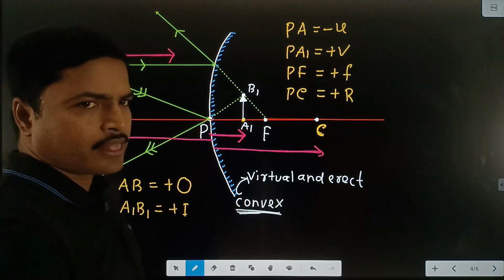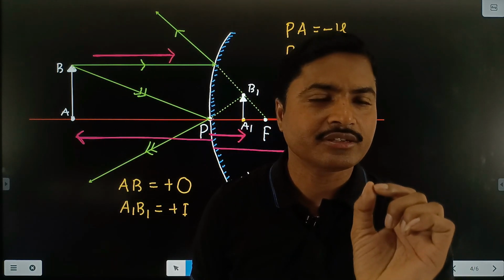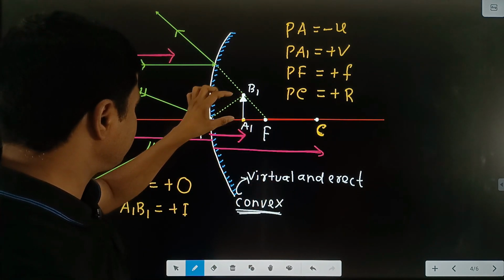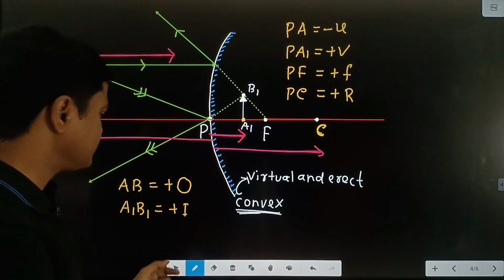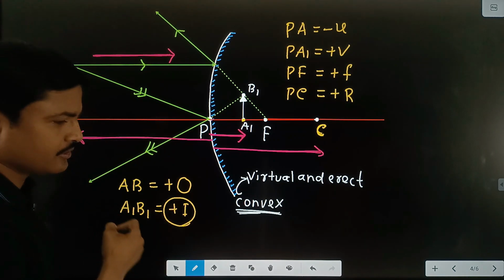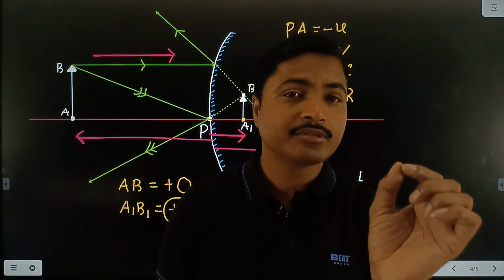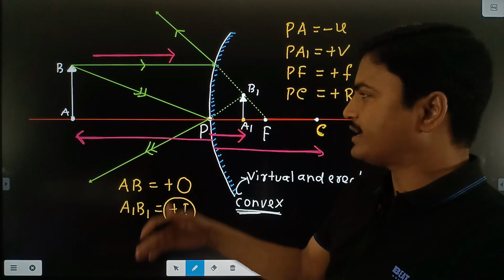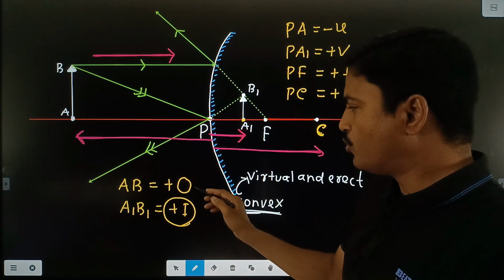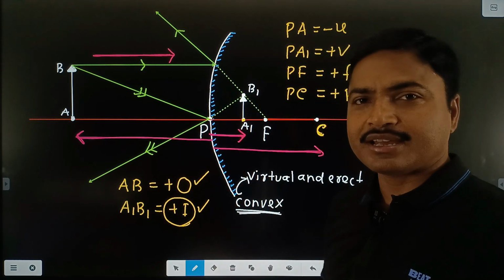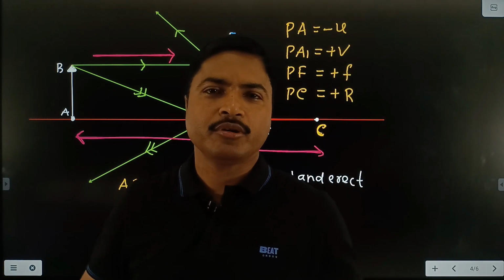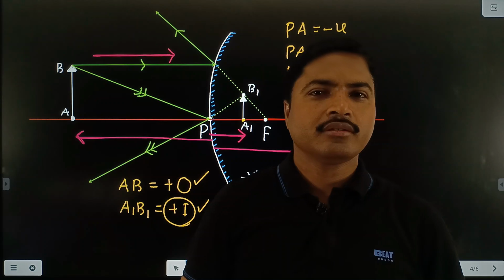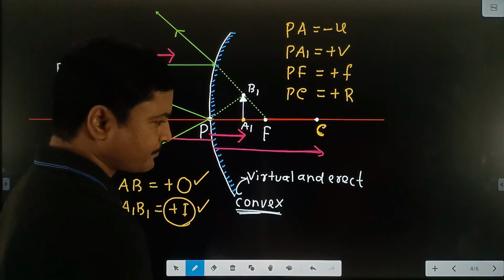In case of a convex mirror, the image is always virtual, so for a virtual image the sign of the image height, or size of the image, is positive. So in case of convex, both object height and image height are positive, because both are situated above the principal axis. Clear?